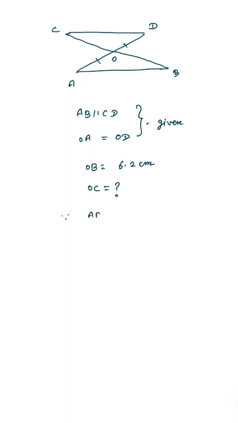Now, we have AB and CD parallel. So we can say that angle OCD will be equal to angle OBA.